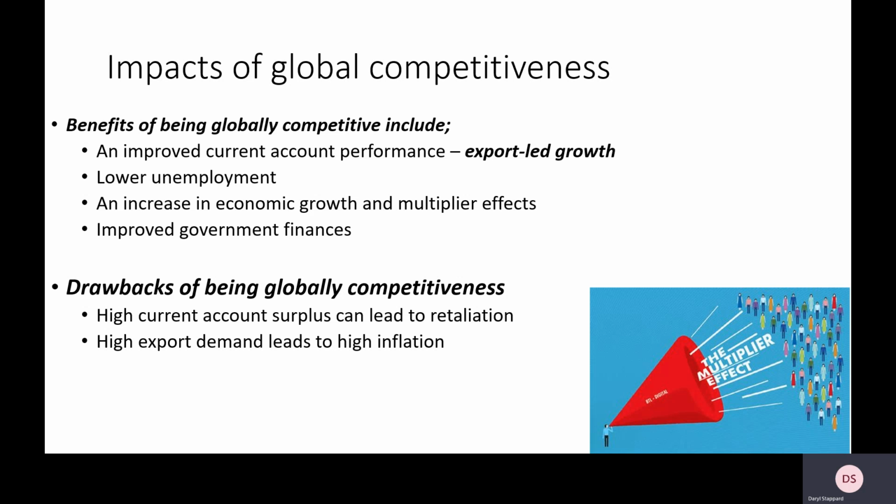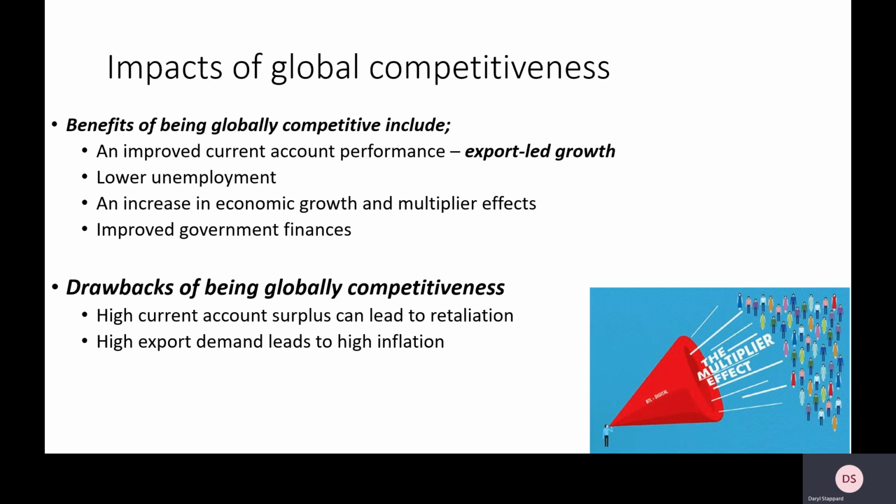There are, however, some drawbacks of it. So if you are very competitive, then we know that a current account surplus, if it's huge against other economies across the world, it could lead to retaliation. So you might see other economies imposing protectionist policies on your economy. Well, that is an external shock, which can have a big detrimental impact on your economy.